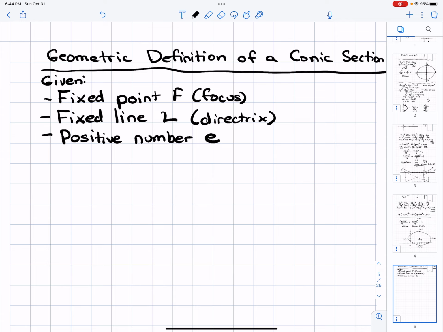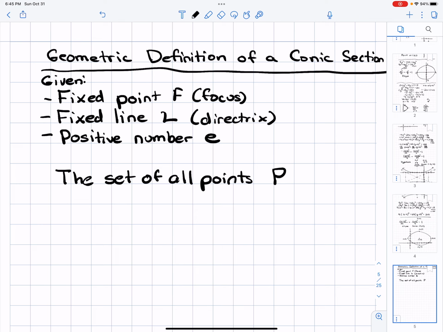So for the definition, the set of all points P, so remember, P is just generic for any point that makes up your parabola, or any point that makes up your ellipse, or any point that makes up your hyperbola.